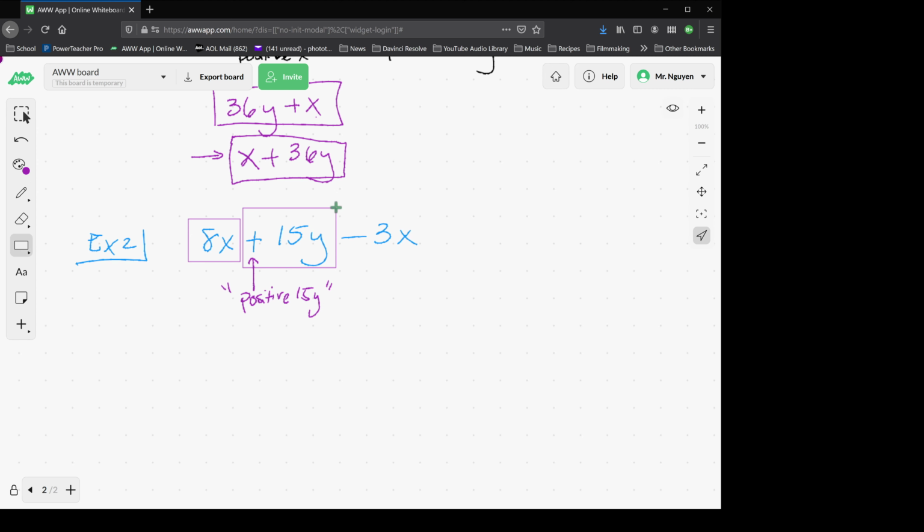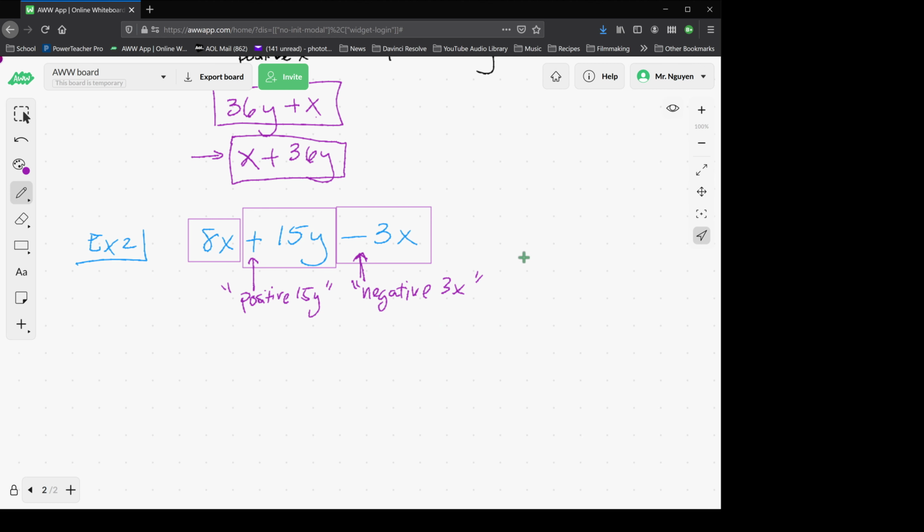Okay, now the last one is negative 3x. And again, the addition here becomes positive 15y. Just like that, this subtraction sign now makes it a negative 3x.